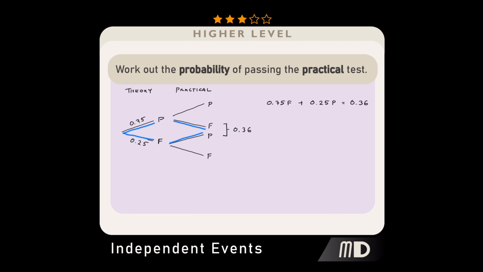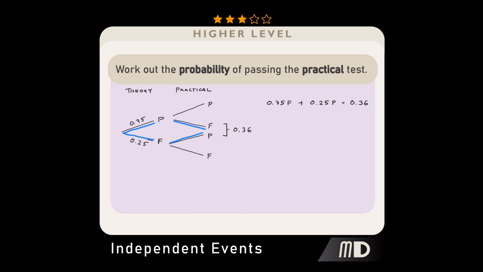The sum of the probabilities that both the theory and practical tests are passed, or that both are failed, is 1 minus 0.36, which is 0.64.